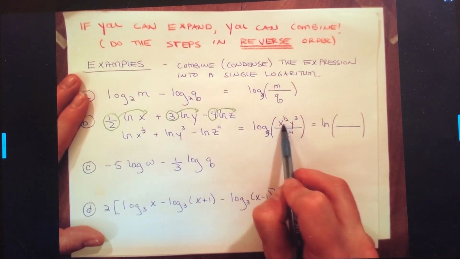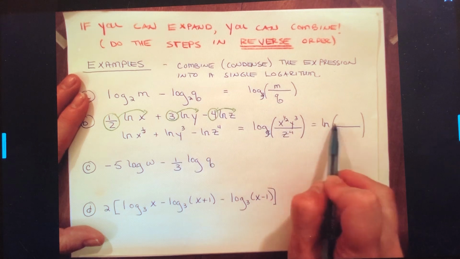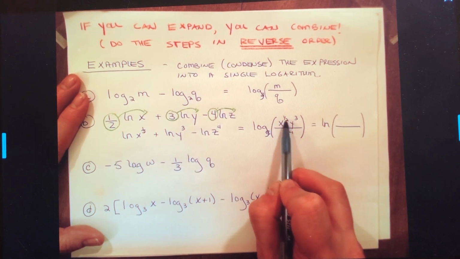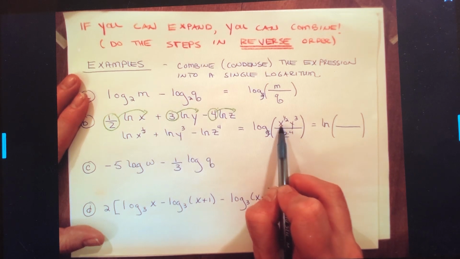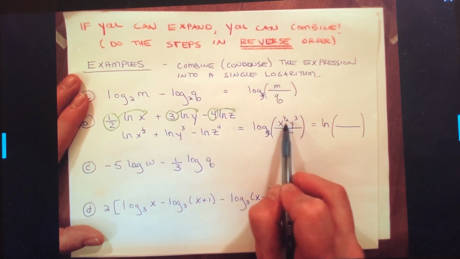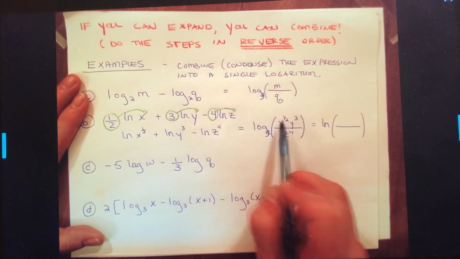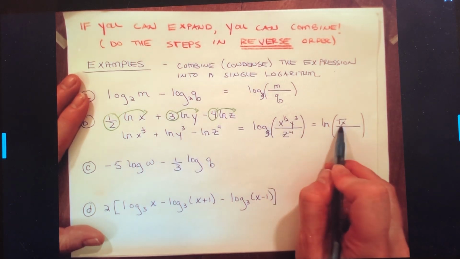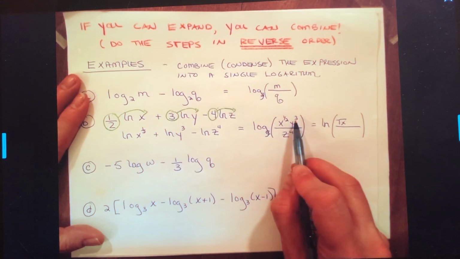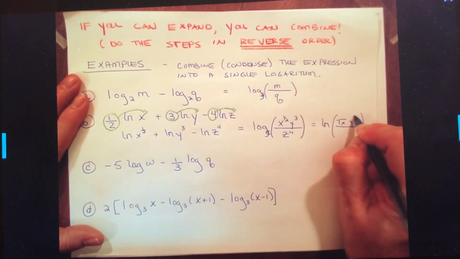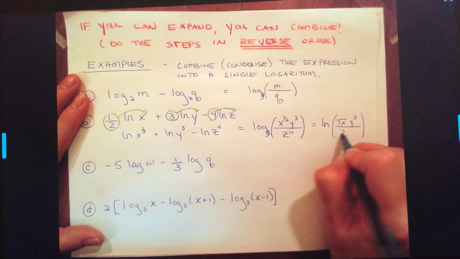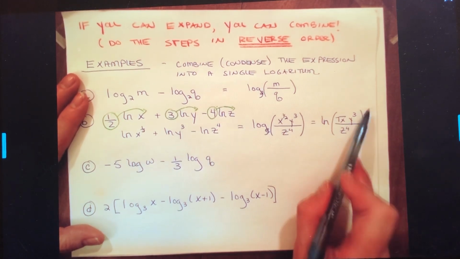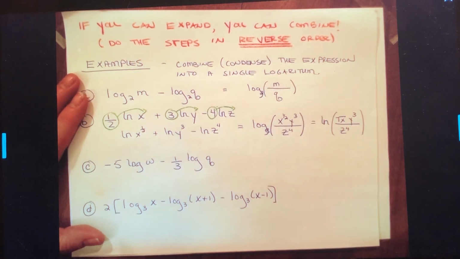Don't be surprised if you see your instructors or the book doing that. You could occasionally see it left this way, but it's not common. So x to the 1/2 is the same as the square root of x. This is still y cubed, and this is z to the 4th. So this is the best answer for how I would want to conclude that problem.